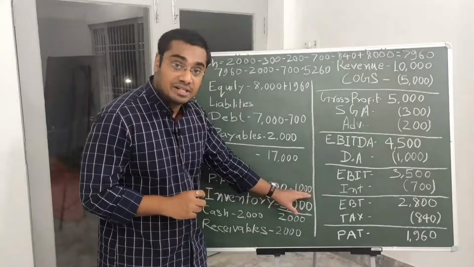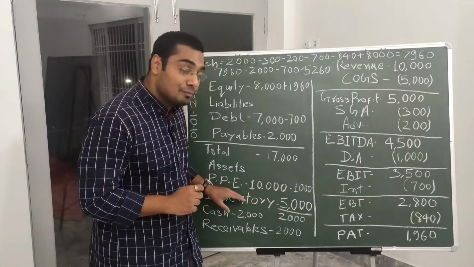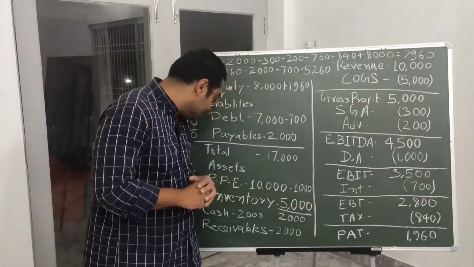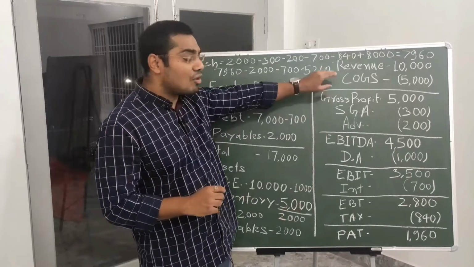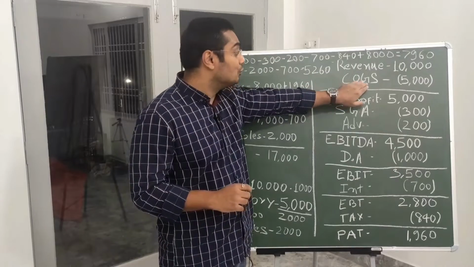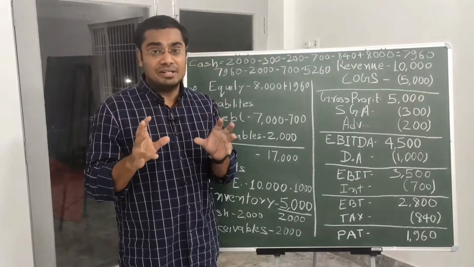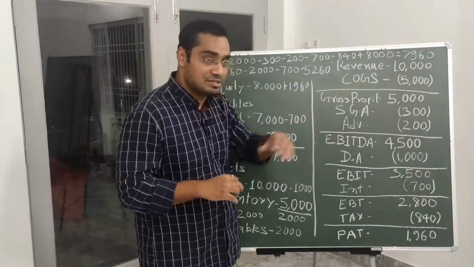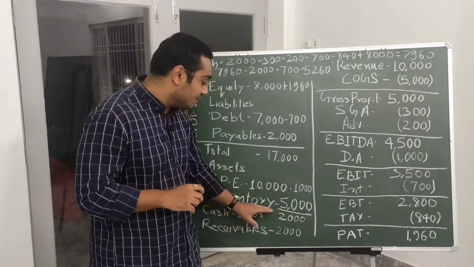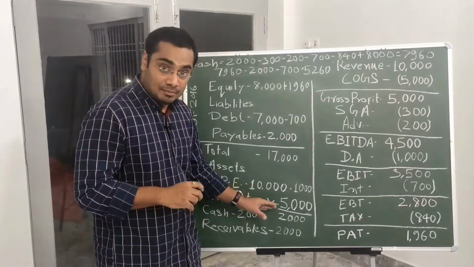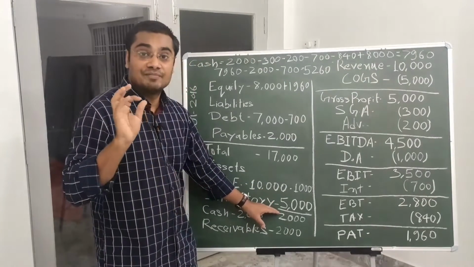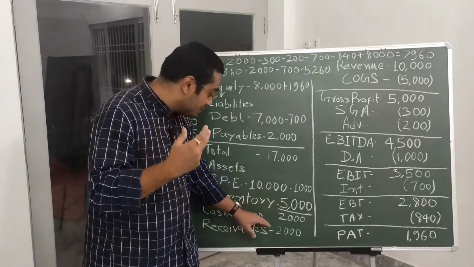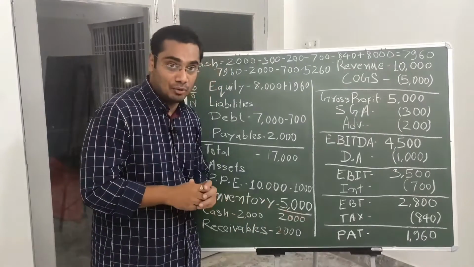Inventory, this entire inventory of 5,000 rupees we have already exhausted as cost of goods sold. For that we haven't even recognized a cash expense. So we assume that by the end of the year, at the last day of the year, the company's inventory position was 0 and the company bought fresh inventory of 2,000 rupees more.